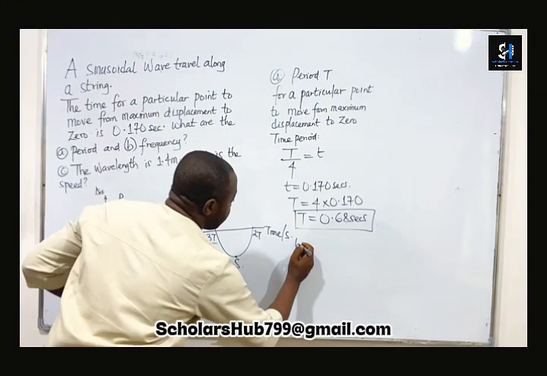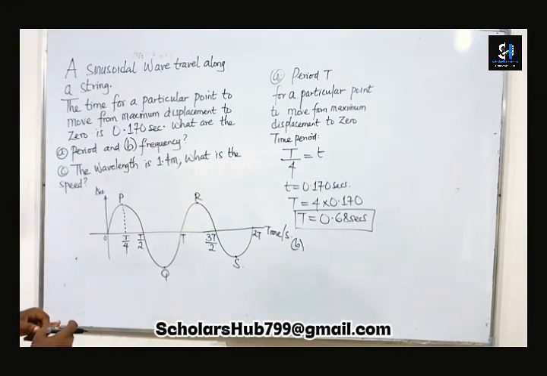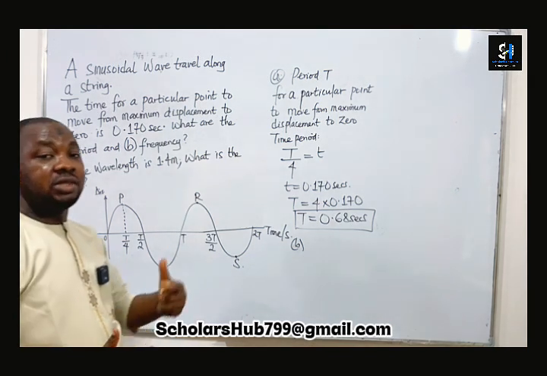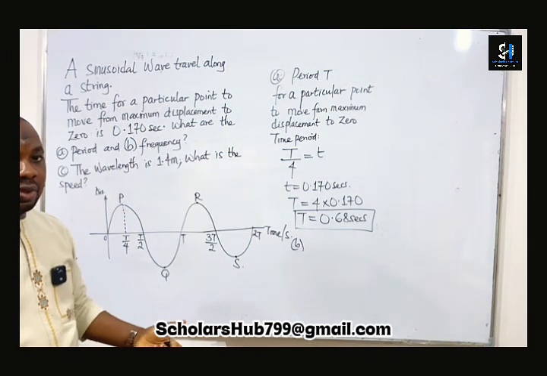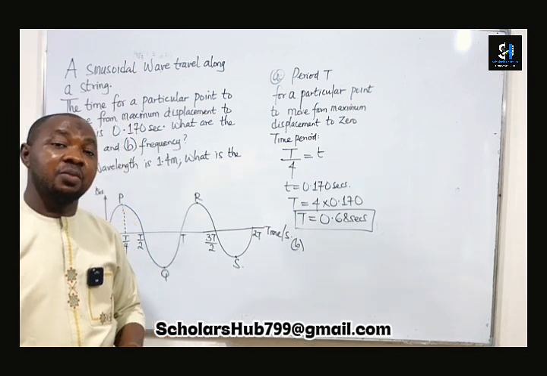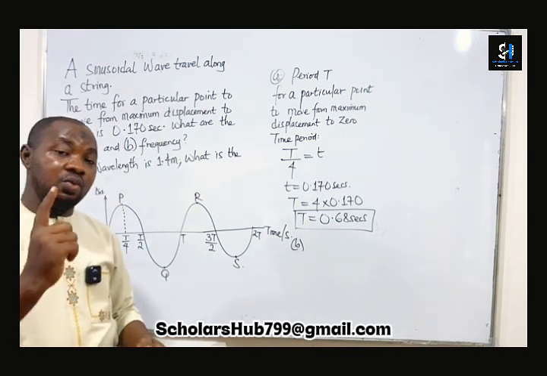Then B. We want to know the frequency. Frequency is the reciprocal of the time period, or we can define it as the number of cycles made in 1 second.